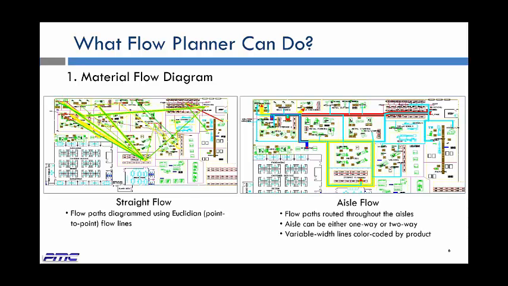Today, as you know, we're talking about the flow planner. As you see on the screen, a flow planner generates a material flow diagram and calculates the material handling travel distance, time, and cost. That's one of the things which is very important in Lean.